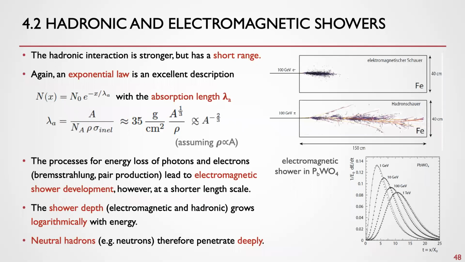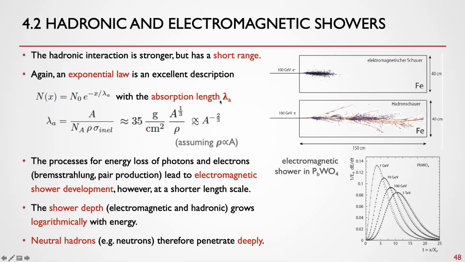Let's compare hadronic and electromagnetic showers. I've mentioned them, but we did not discuss them in some detail. The hadronic interaction is stronger, we know that, it's a strong interaction, but it has a very short range. An exponential law is a good description, so we make the same ansatz as we do with the EM showers. The length parameter is called the absorption length.